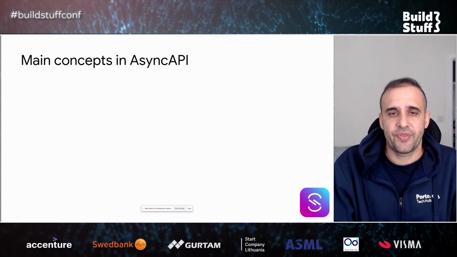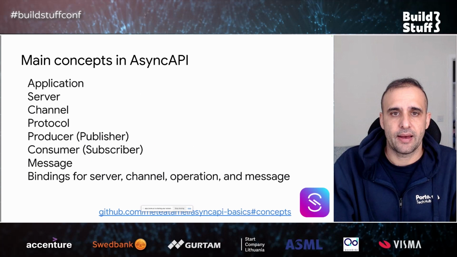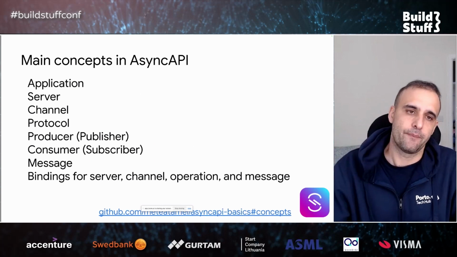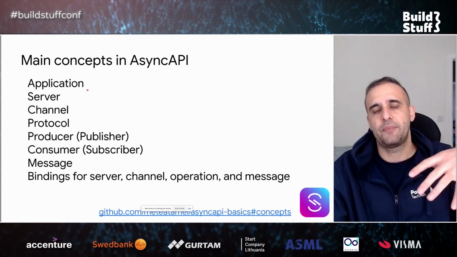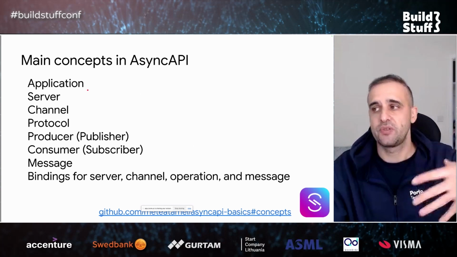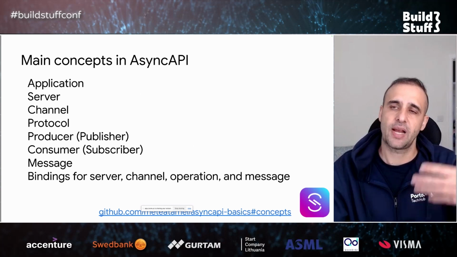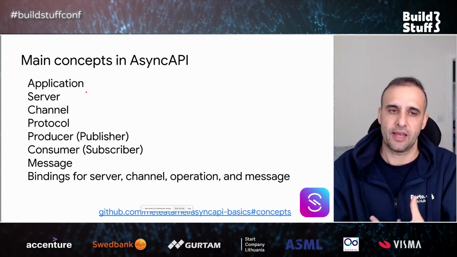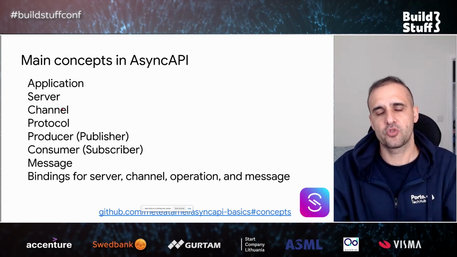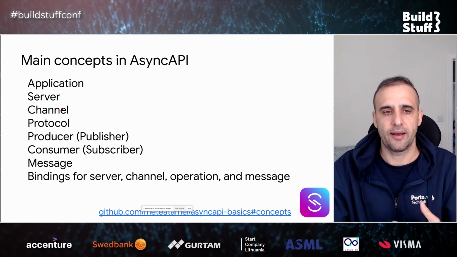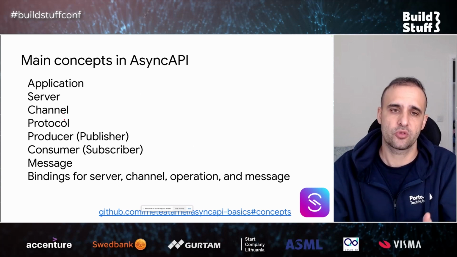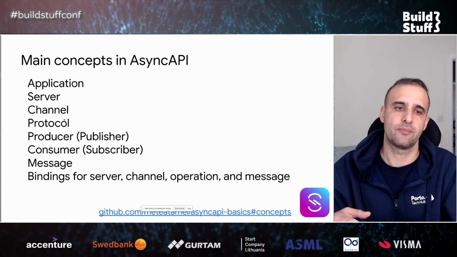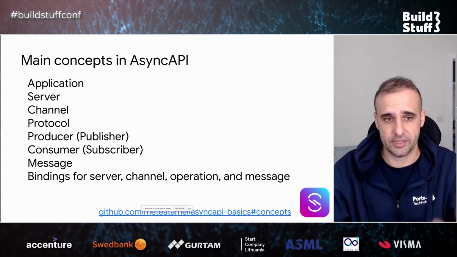There are some main concepts that you need to know about AsyncAPI. At the top level, you have an application. This is the event-driven application that you're defining. Then underneath, you need to define how you get to that application. That's done via a server. You define a server, and a server usually has one or more channels that has a protocol to talk to. So let's say it's a PubSub channel with a topic, and you're using Google Cloud PubSub as the protocol, for example.